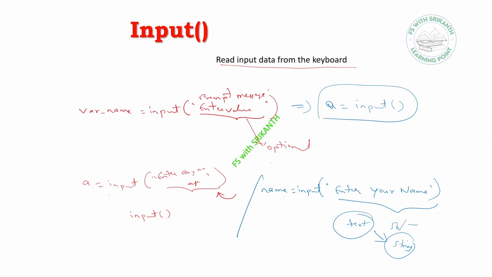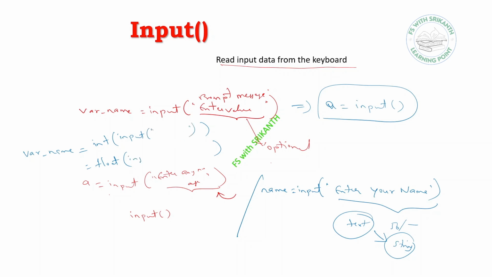If you require integer values or float values by default, then what should you do? With the help of the int constructor or the float constructor, you may pass the input method.